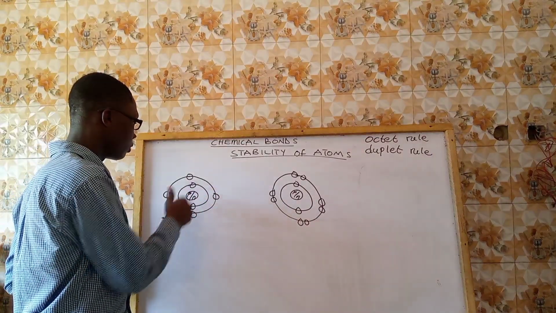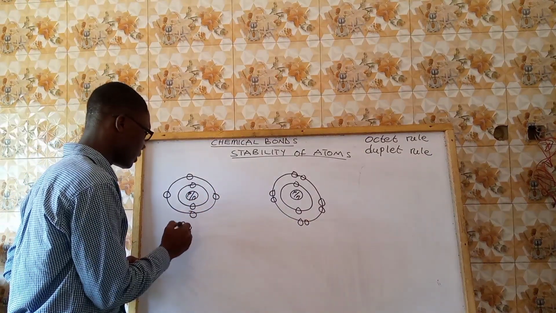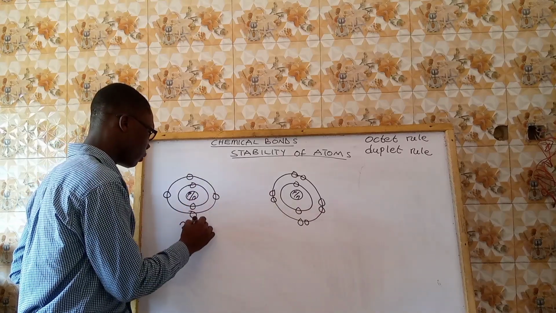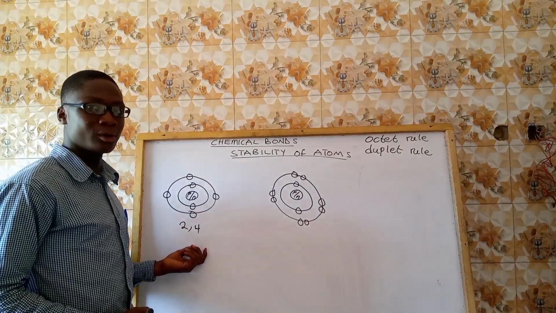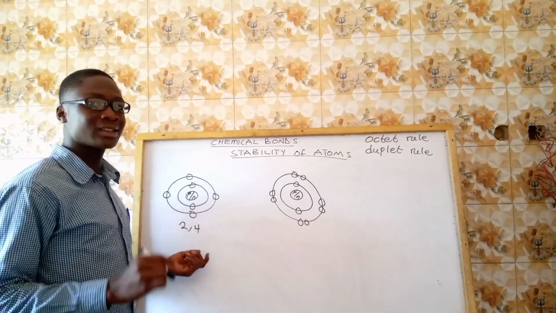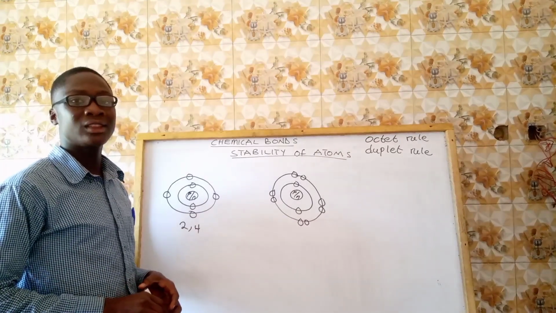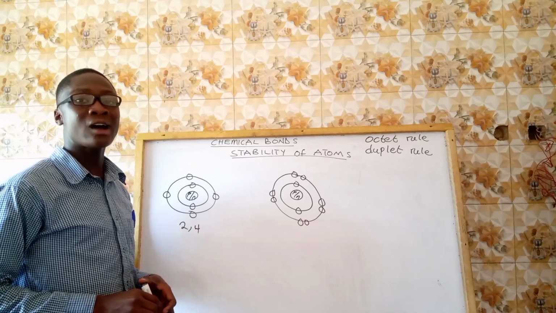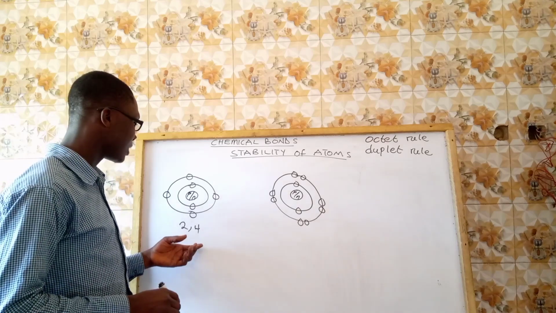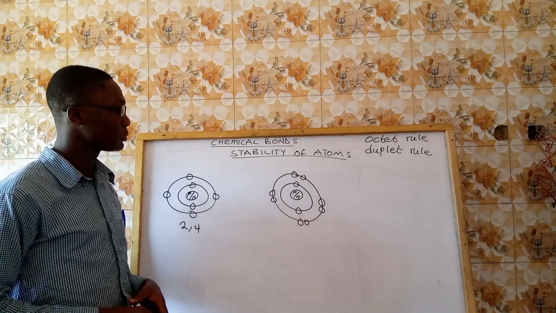Is this atom stable? You are right, it is not, because the octet rule states that the last shell should have 8 electrons. So this atom is not stable.